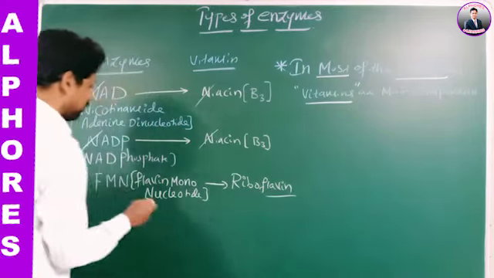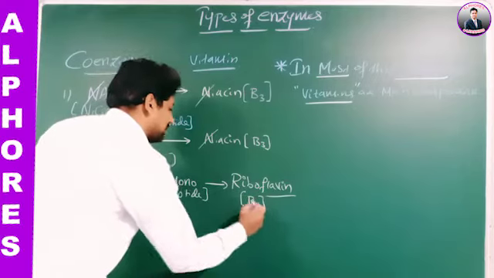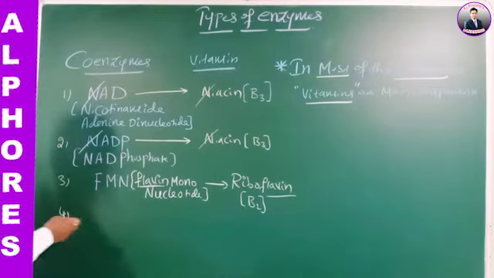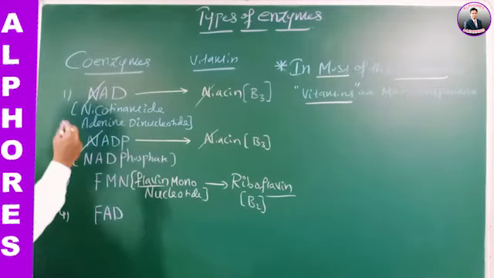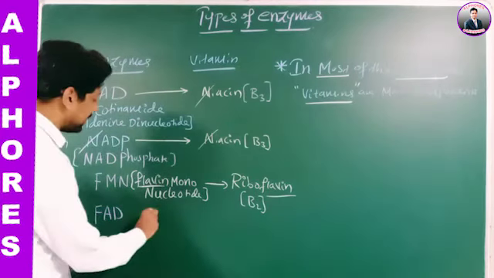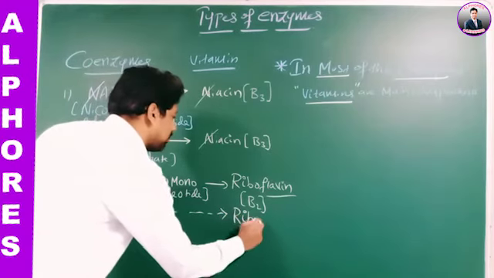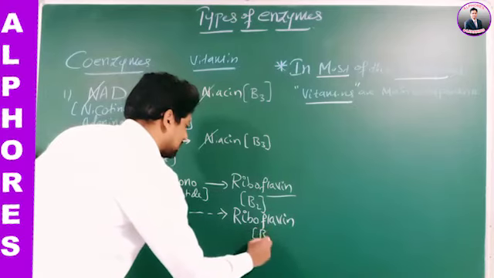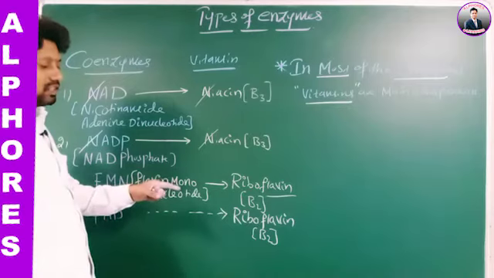Riboflavin, that is vitamin B2. Now number 4: flavin adenine dinucleotide, FAD. Here also riboflavin is present, that is vitamin B2.